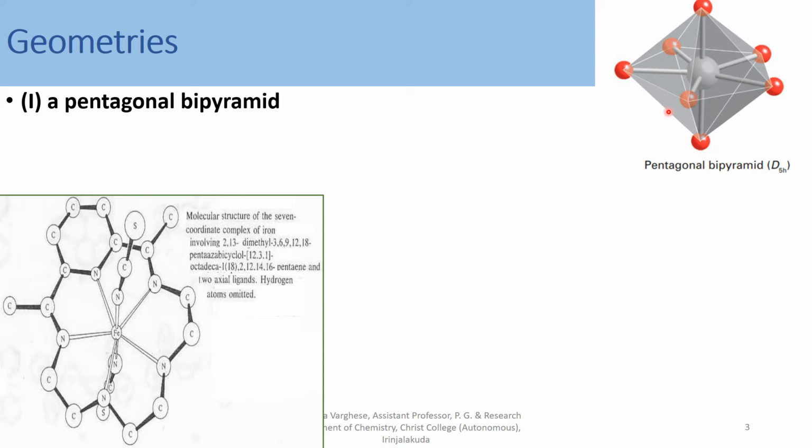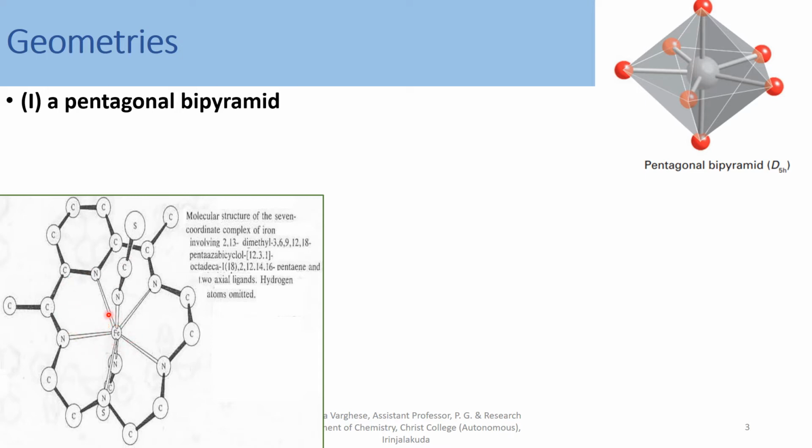The first geometry is a pentagonal bipyramid geometry. You can see from this picture, which is also found in the main group compound IF7 that you know. Here you can see a coordination number 7 complex having a pentagonal bipyramid geometry. Here is the molecular structure of the 7 coordinate complex of iron.